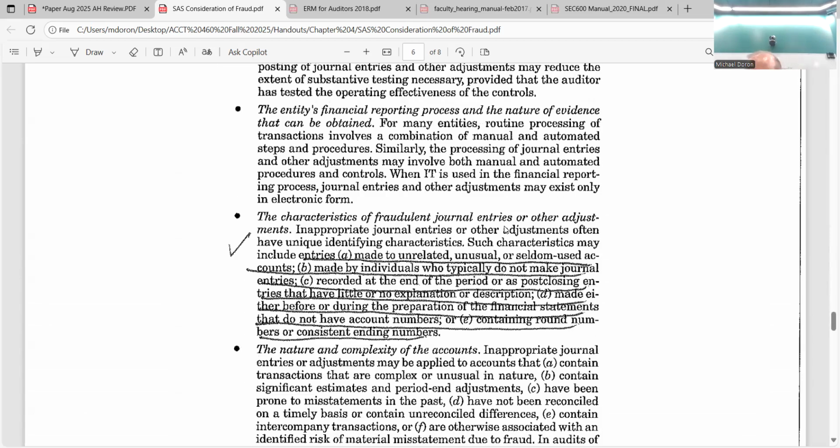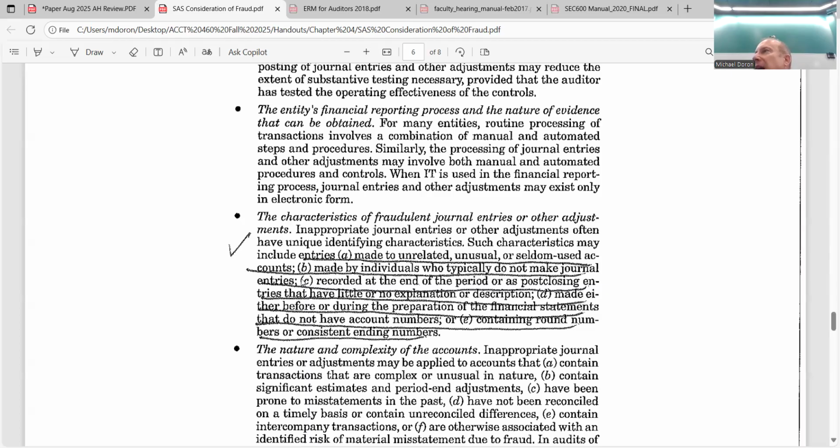Characteristics of fraudulent journal entries: entries made to unrelated, unusual, or seldom used accounts; made by individuals who typically do not make journal entries. Okay, we talked about this before. Who should be doing accounting work? Accountants, only accountants. Somebody who's not an accountant should not be involved in the accounting.